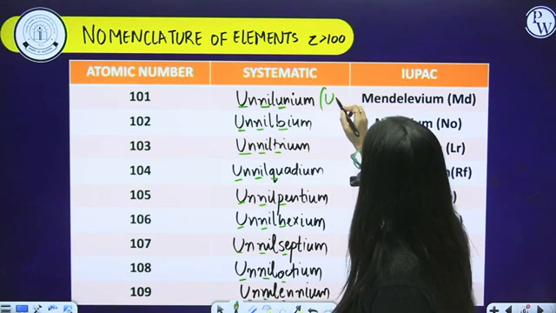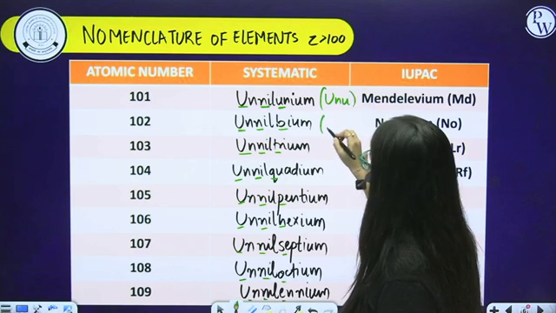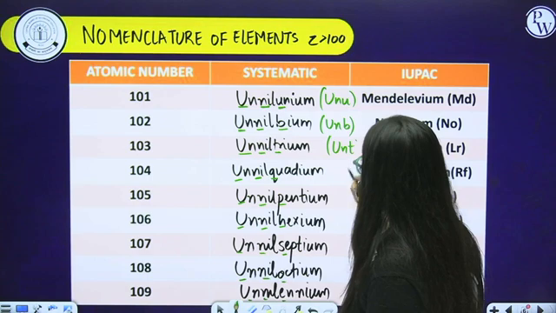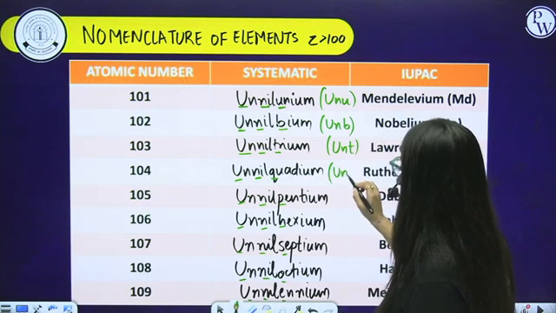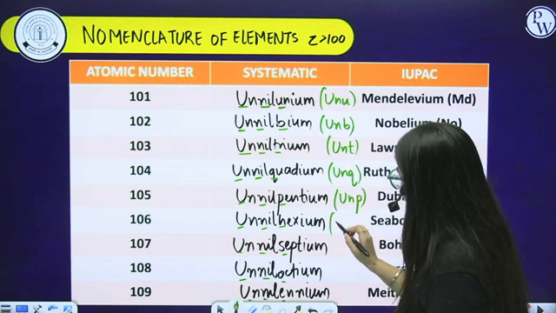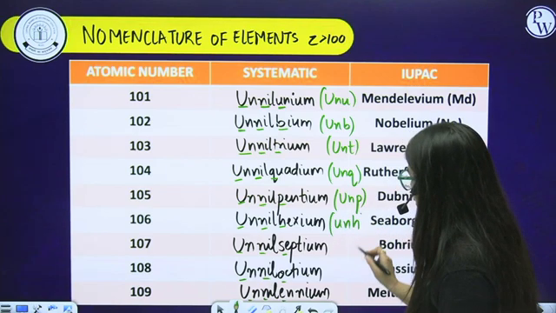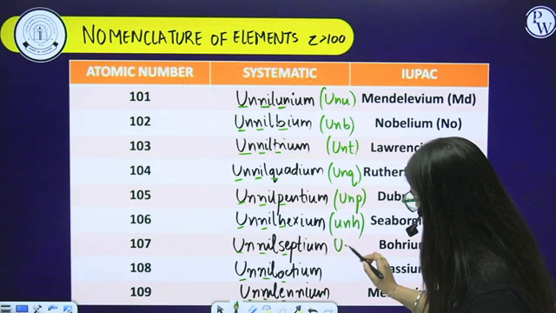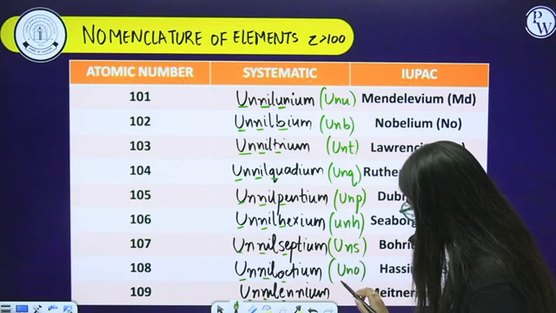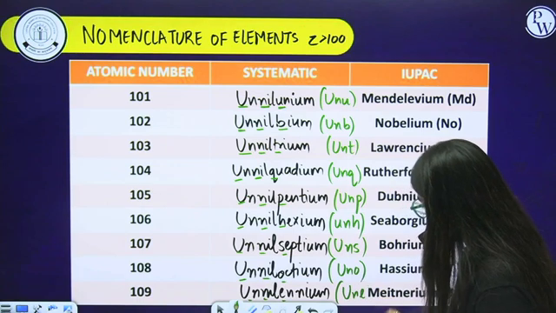It is going to be Unu, then it will be Unb, then Unt, then Unq, then Unp, then Unh, then Uns, then Uno, and it will be Une.